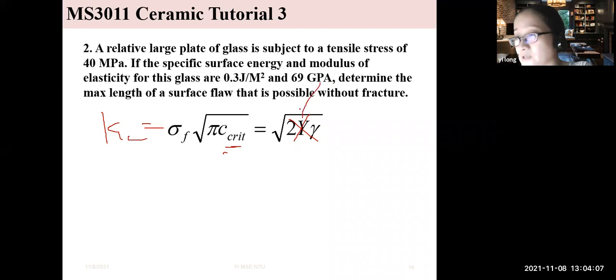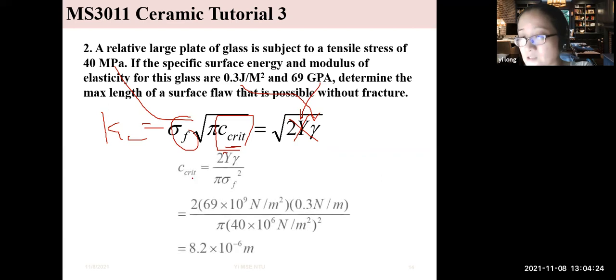This one is the Young's modulus. This one is the surface tension, and also you know the sigma here. So you can see you have almost everything except this C critical. You just do a small math manipulation here, so you will get C critical equals 2 Young's modulus surface tension over pi sigma squared.